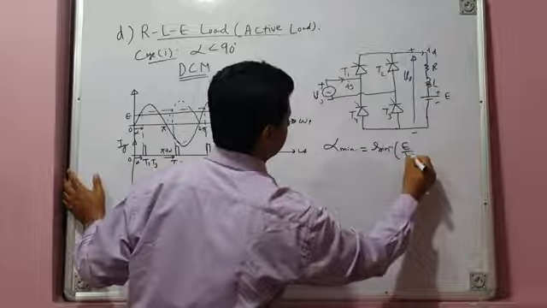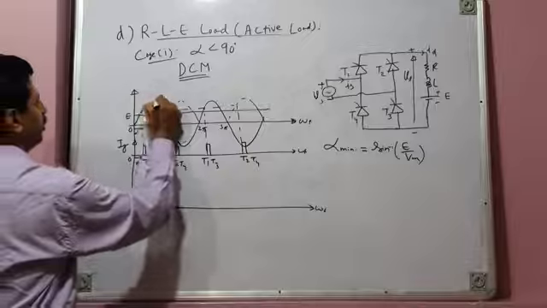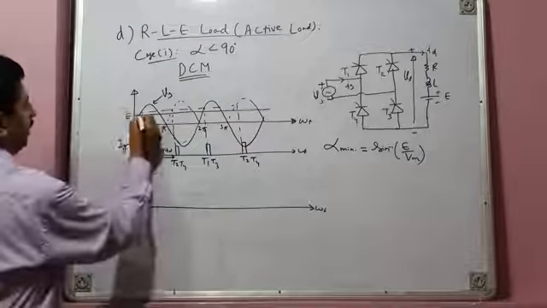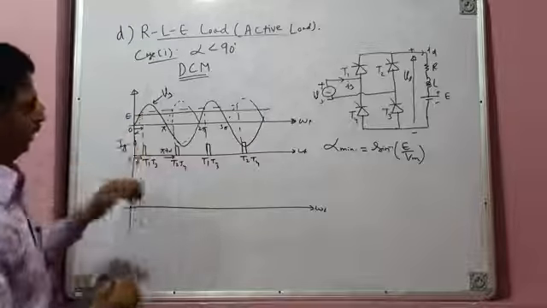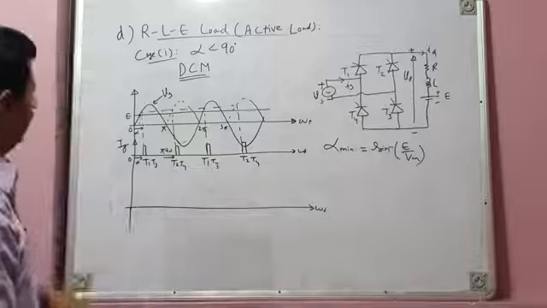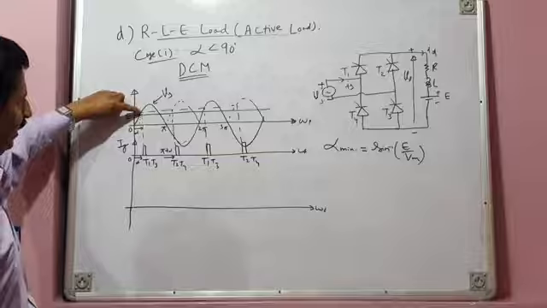This is the point of intersection between source voltage Vs and the load EMF. This point is the point of minimum delay angle, alpha min, given by sine inverse E by Vm. I have assumed my delay angle slightly more than this alpha min.